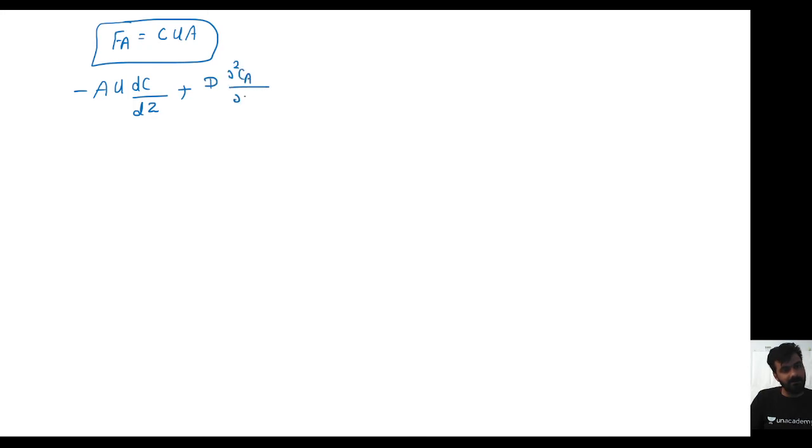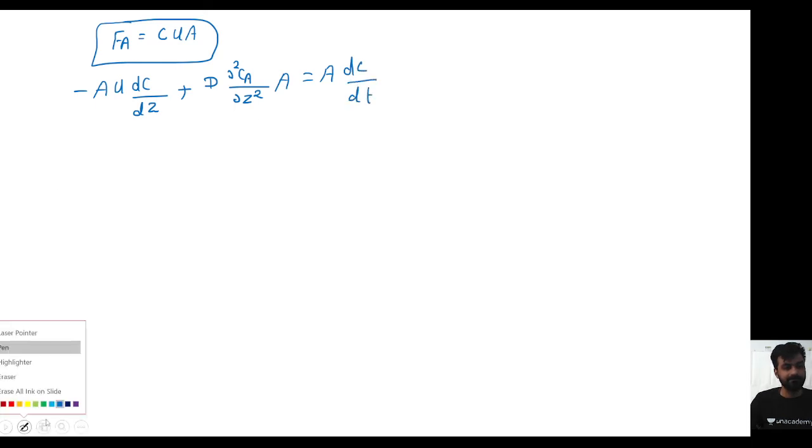Now again here can I write Fa is equal to C U A. This is bulk flow. So can I write here minus A U dC by dz plus D del 2 Ca upon del z2, that is Fick's law of diffusion that it will follow, multiplied with area, that is equal to A dC by dt. Are you getting? So can I say this A and this A will get cancelled out.